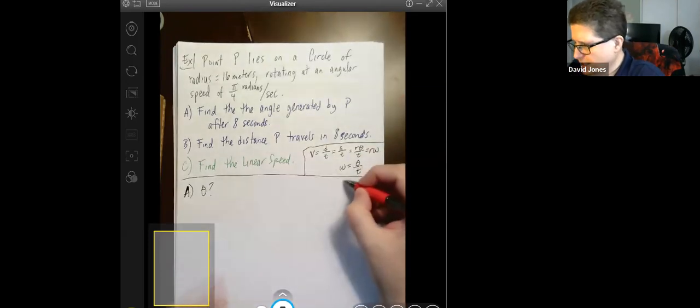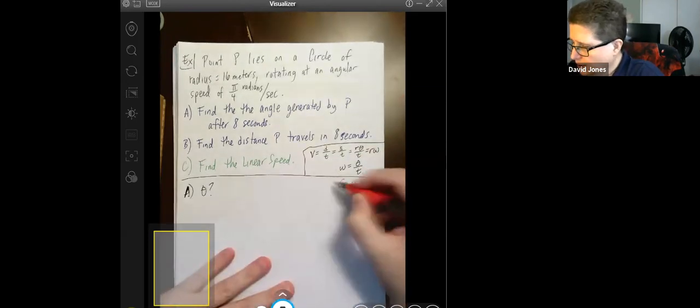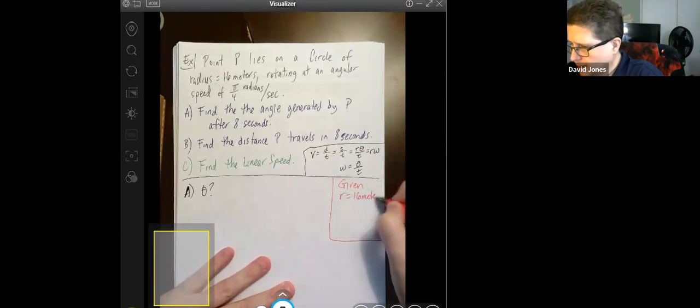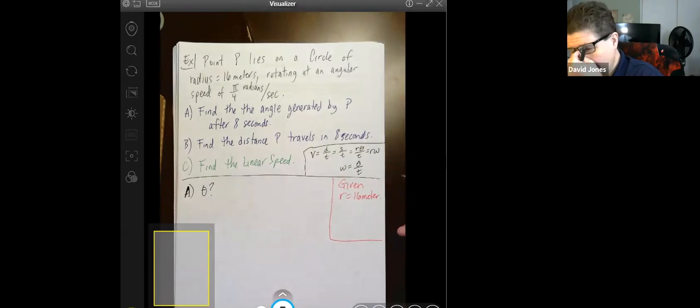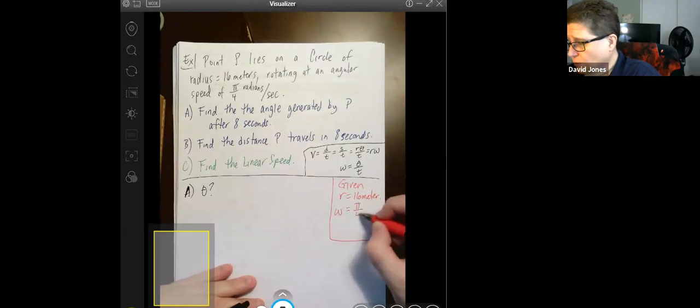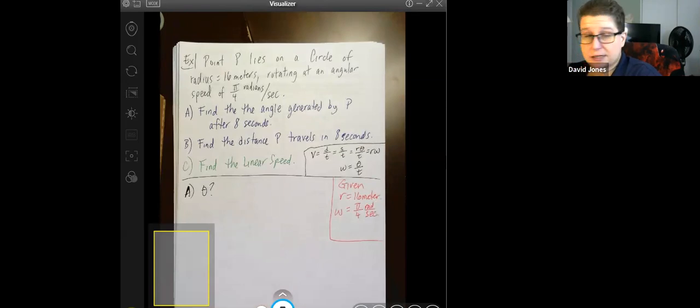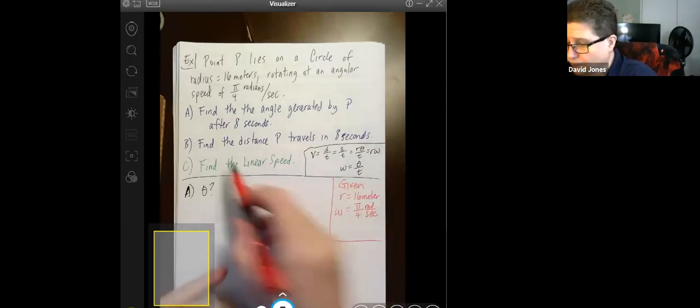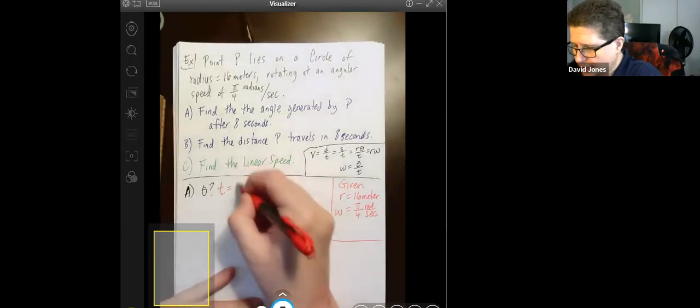This is true for all the questions. r is 16 meters. Omega is pi/4 radians per second. The second matters. If it was in minutes, we'd have to convert to seconds because the question's in seconds. And for part A, t equals 8 seconds.